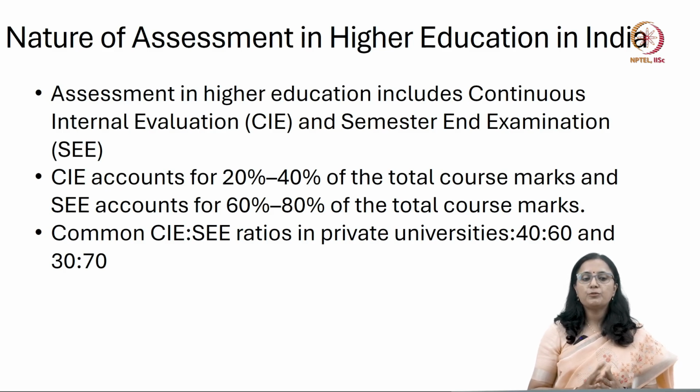Commonly, we have observed that the ratio of CIE and SEE in private universities ranges from 40% CIE and 60% SEE, or sometimes 30% CIE and 70% SEE.